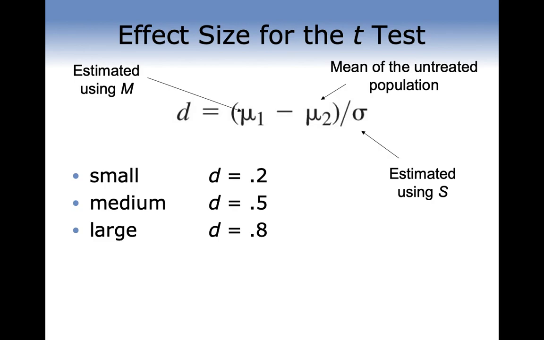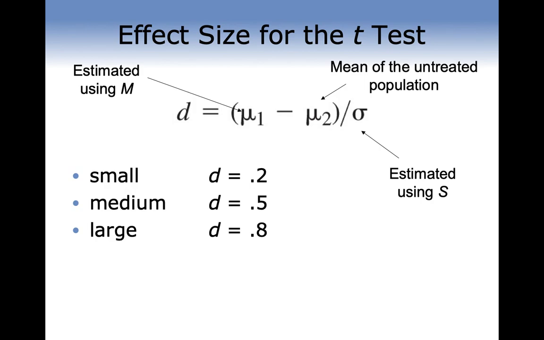So notice that this is kind of similar to the t-statistic, but the main difference is that we're not using standard error being about a sample mean, but rather we're just talking about what the standard deviation is in the population, which is kind of the average difference in the scores among people.